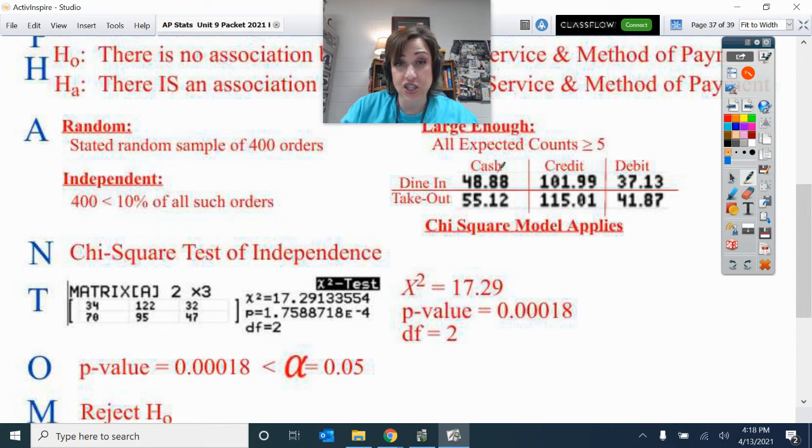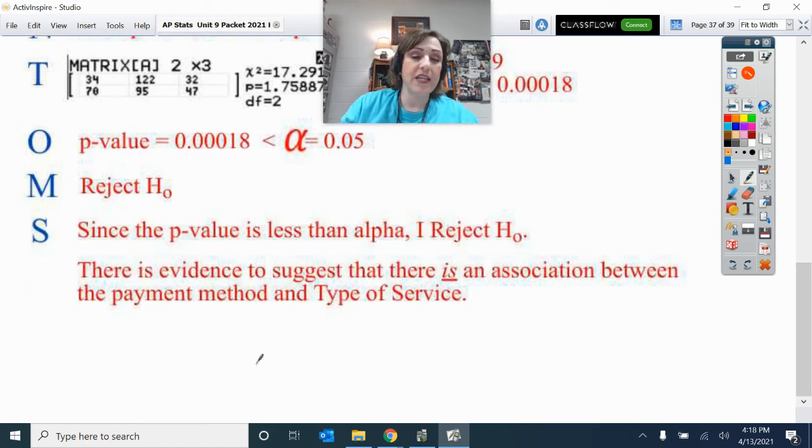Then I screenshotted the expected matrix B because that's where those were put. So my p-value is low, and I'm going to reject H0. There is evidence to suggest that there is an association between the method of payment and the type of service. So there's some kind of relationship.